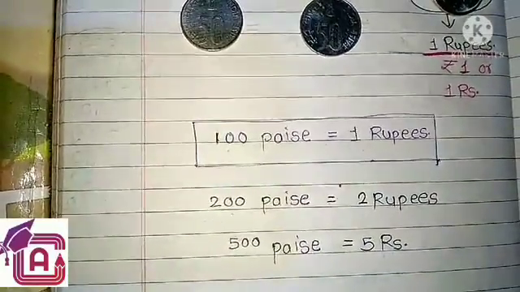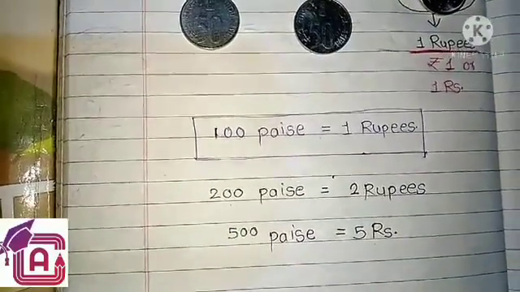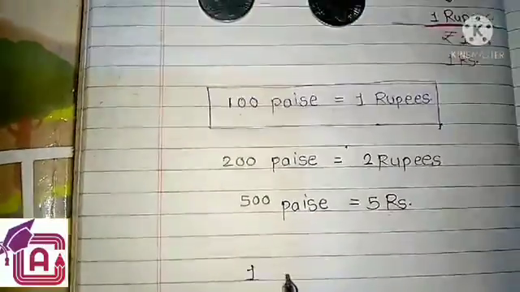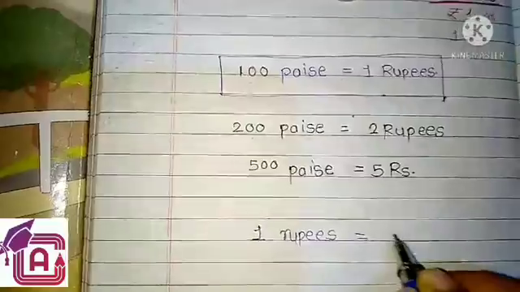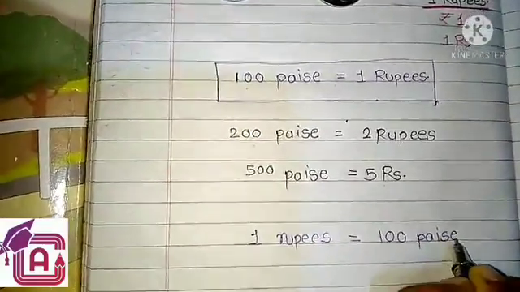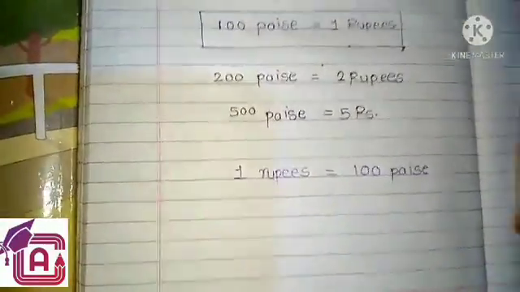So what we have to do? Look here, 100 paise is equal to 1 rupee. Or either we can write it as 1 rupee is equal to 100 paise. Alternately, changing the position, 100 paise is equal to 1 rupee. This means 1 rupee is equal to 100 paise.